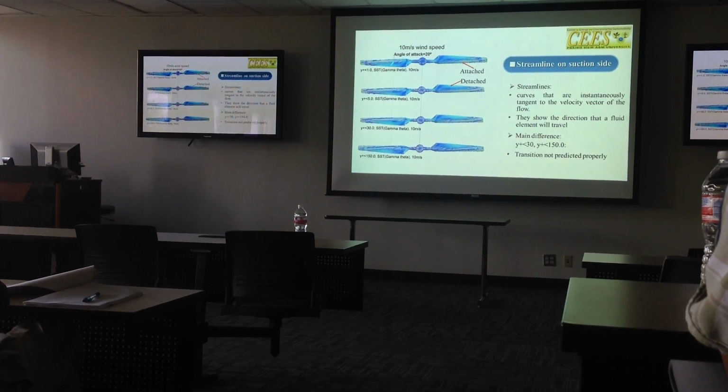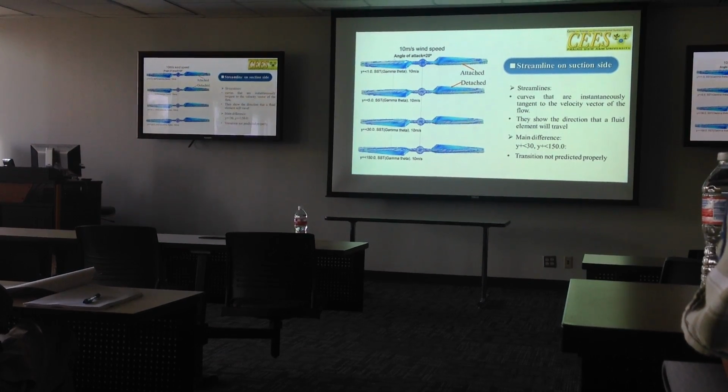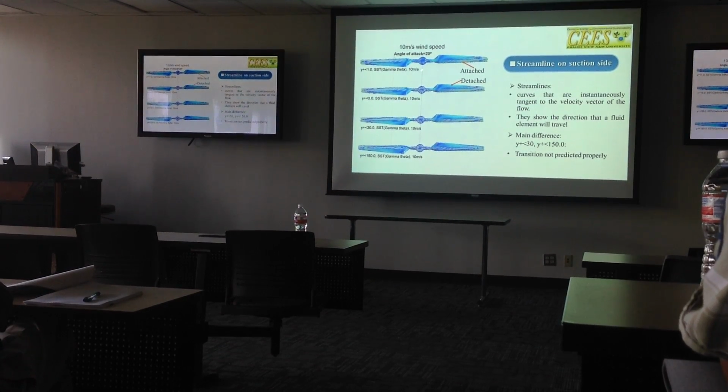So we can see for these 4 different cases, Y plus less than 1, then 5, then 30, and 150, the main difference is located in these 2 cases. This is the transition at 20-degree angle of attack, and this is the transition region predicted. But for these 2 cases, the transition is located there and there, so a little misprediction there.